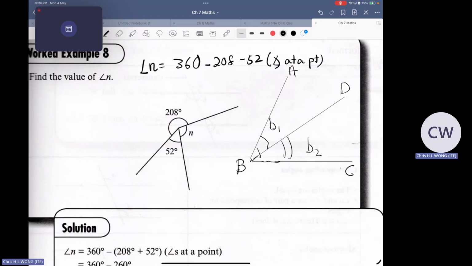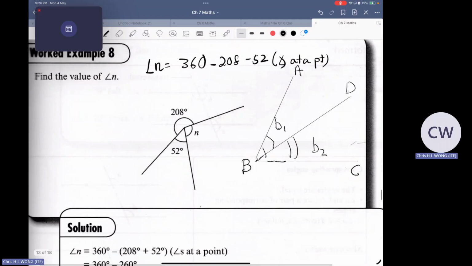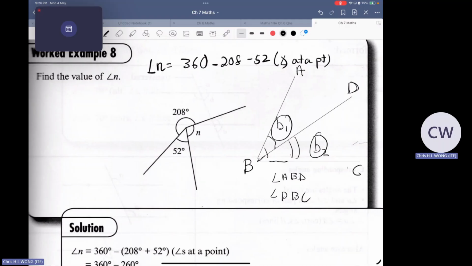But if you want a D, you can add a D, but it also causes a problem. You say, oh, very difficult: angle ABD and angle DBC. Very troublesome, right? People try to look for the angle and don't know what you're naming. But if you put B1, B2, they can see straight away that ABD is B1 and DBC is B2.